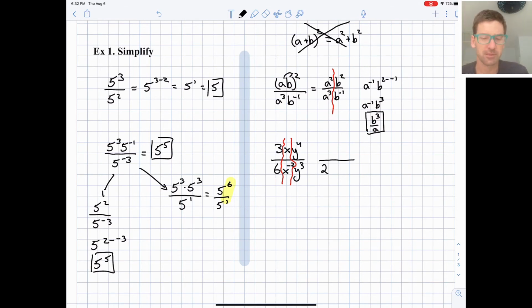We don't need to write the 1 if it's 1 times some other stuff. The x's, we have an x to the 1 over x to the negative 2. 1 minus negative 2 is 3, so we have an x to the third up top. And then the y's, we do a 4 minus 3, and we have a y up top. So let's write that a little bit cleaner. We have x cubed y over 2 for my final answer.